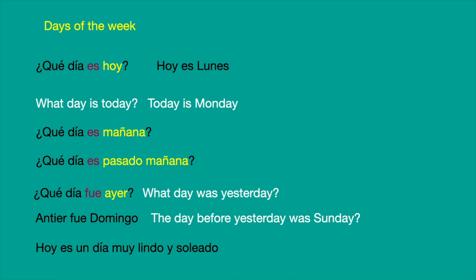We used muy before, like muy bien or muy mal. So very, right? So today is a beautiful and sunny day. So that would be the translation. And hasta mañana, see you tomorrow. So that is basically what we were studying before. Hasta mañana, see you tomorrow.